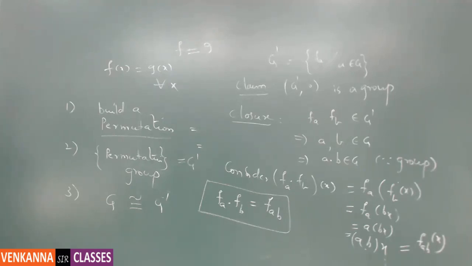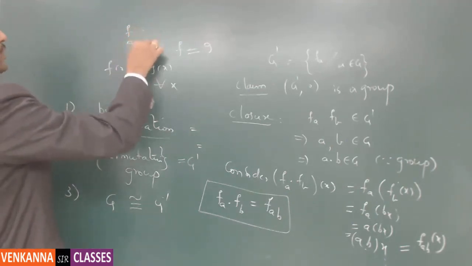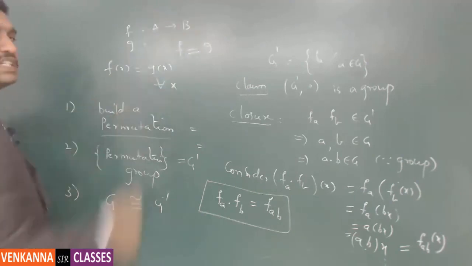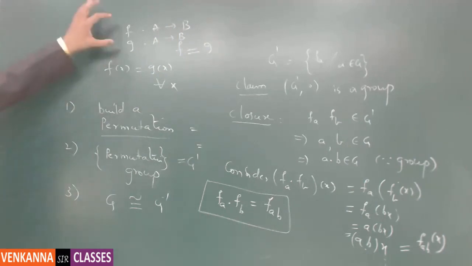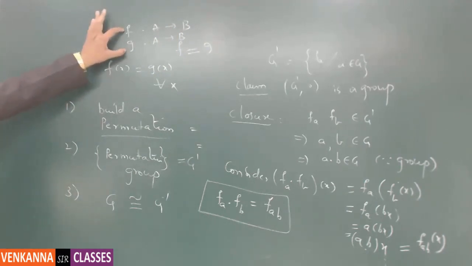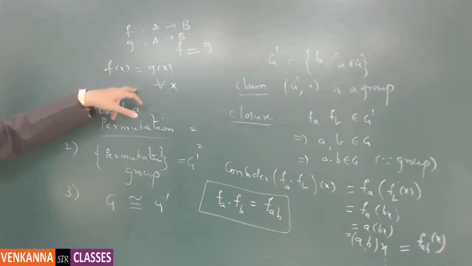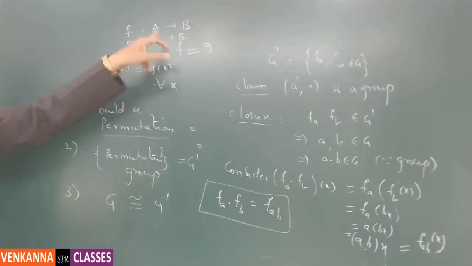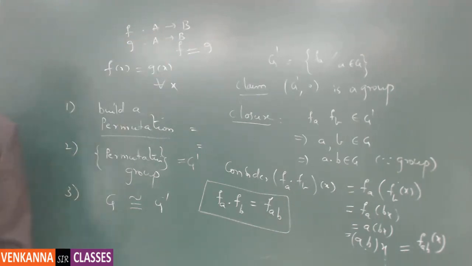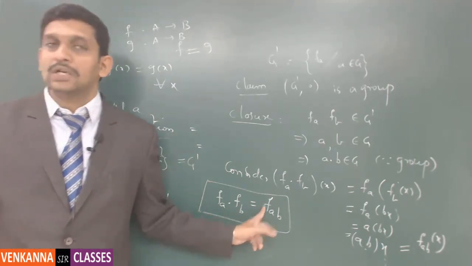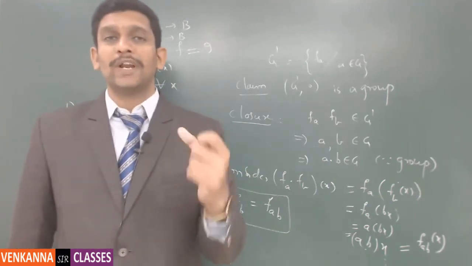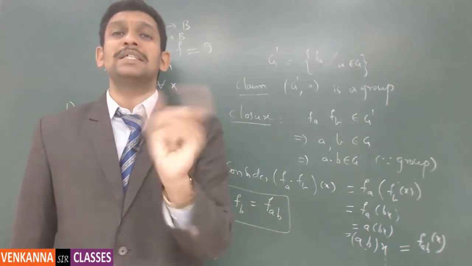There is one more thing: for the functions, the domain and codomain both must be the same. It means that f and g both must be defined on the same sets. If f is a function from A to B, g also must be a function from A to B. Domain and codomain must be the same and corresponding images must be the same. In that case only we confirm that these two are equal. Similarly, if you want to say that FA dot FB is equal to FAB, you have to ensure that the domain and codomain are the same and corresponding images are the same.